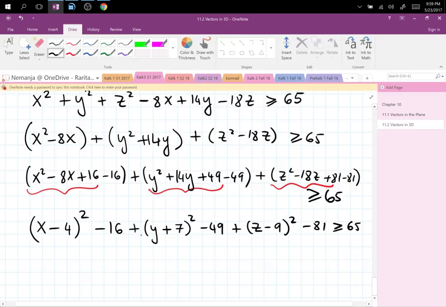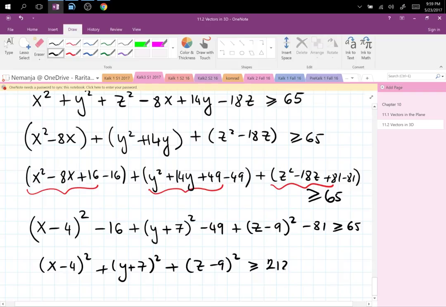I collect all of these extras and move them to the other side. So I get x minus 4 squared plus y plus 7 squared plus z minus 9 squared larger or equal than, looking at this, 212? No, 211. That's good enough.